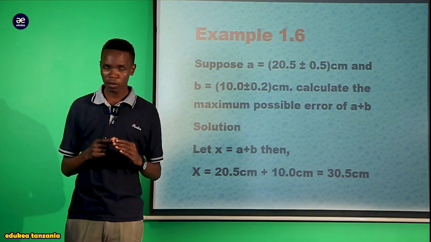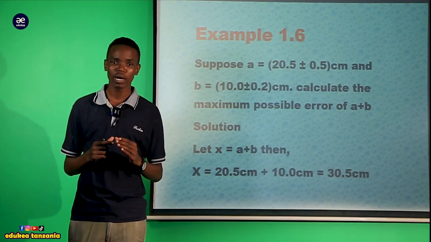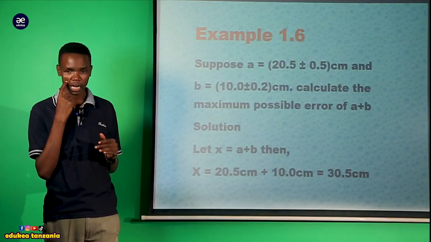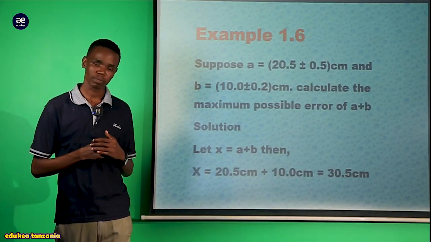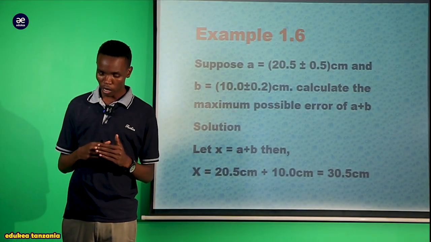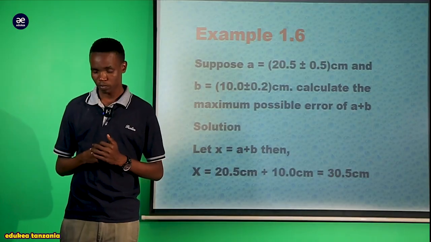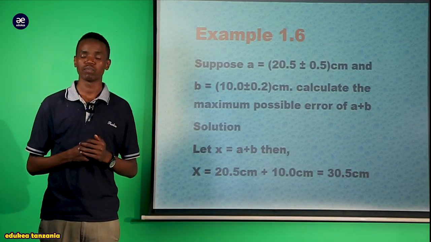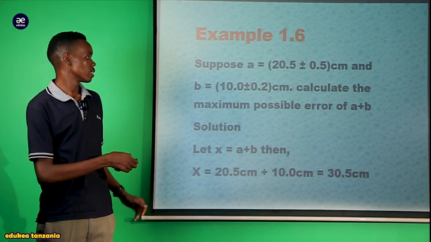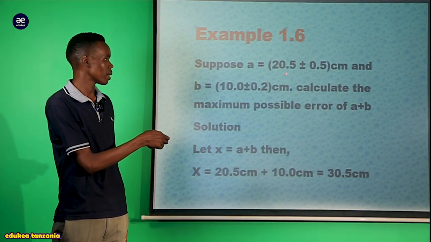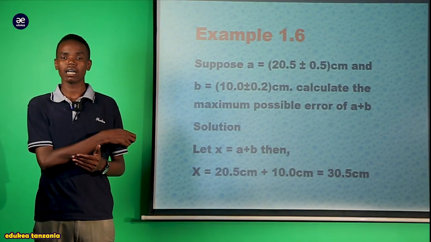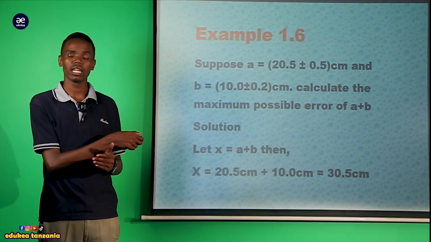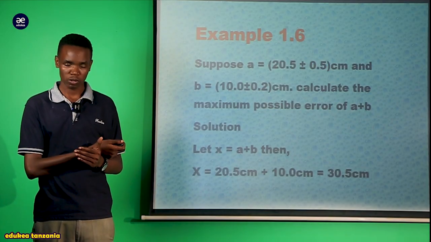Now we are supposed to go and find the absolute error, the maximum possible error of A plus B. How can we get it, my dear student? First of all, we are supposed to identify that this first number represents the true value, lakini inayofuata baada ya plus or minus hii inarepresent the absolute value.